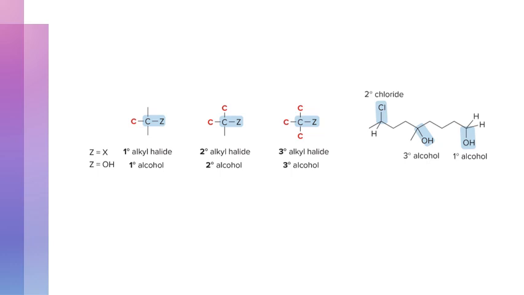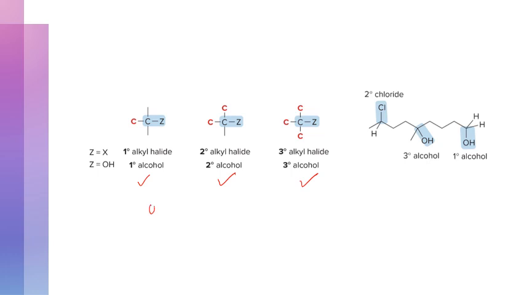Just wanted to remind you, we can classify this just like hydrogen and carbon, which we named primary, secondary, and tertiary. So these functional groups also can be classified as primary, secondary, and tertiary. The functional group attached to the primary carbon will be primary.